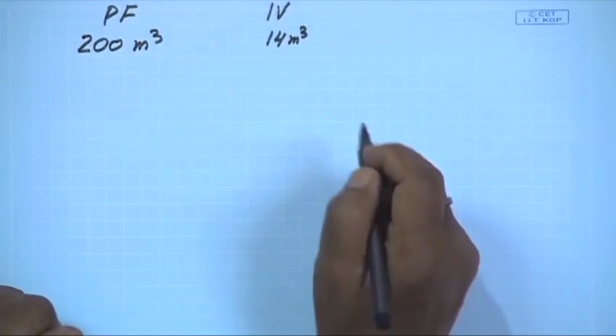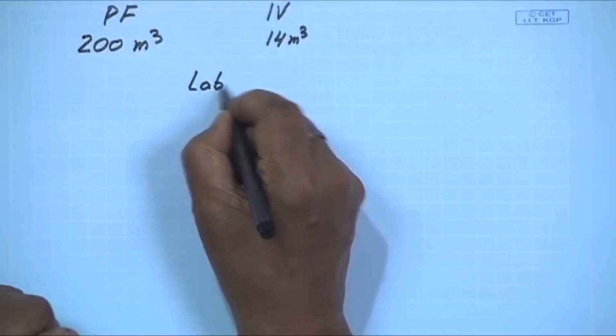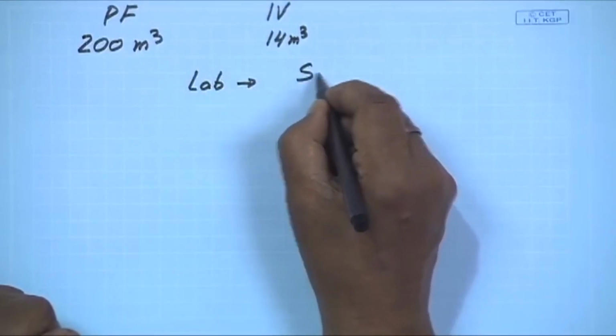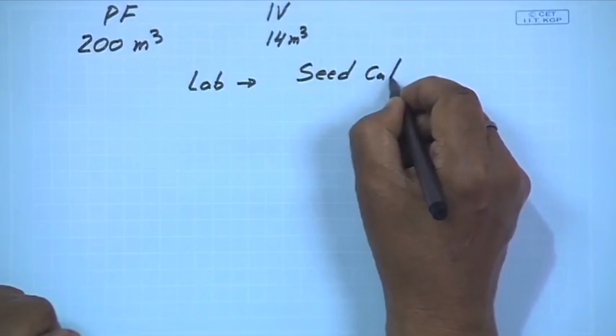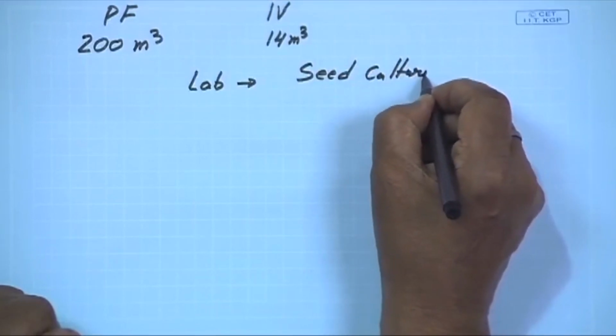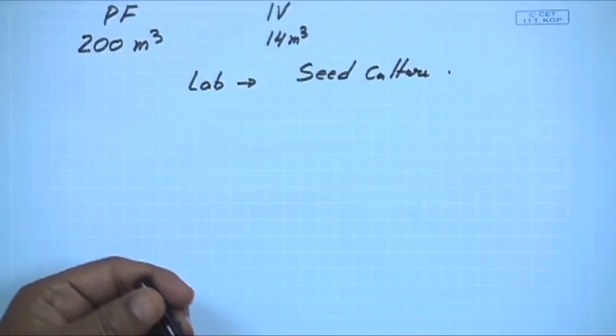So in the lab we prepare the seed culture, and through our research and developmental work we determine the optimum concentration of cells required for the preparation of the media.